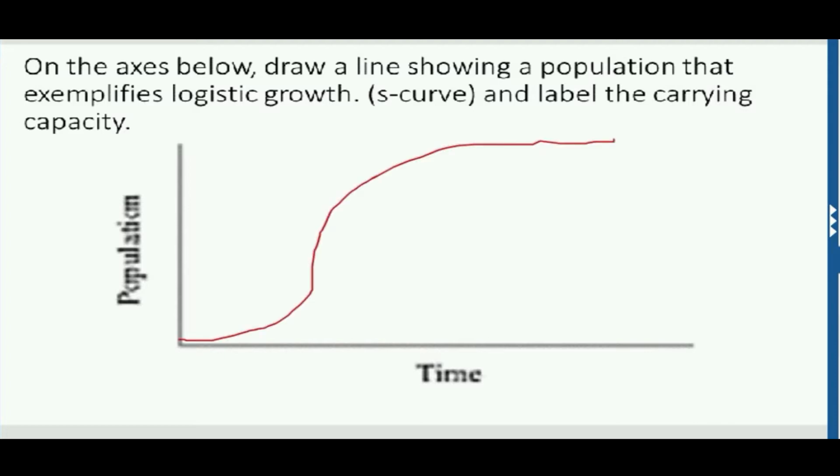So that's your logistic growth. And your carrying capacity is basically going to be right here at that flat part. Your carrying capacity is known as K. If I could, I would have made it a little closer to this line, but it's basically right there.